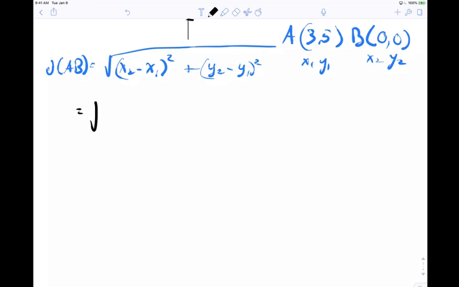We can switch the order, but I'm just going to be consistent. So we're going to say 0 minus 3 squared, and then 0 minus 5 squared, right?